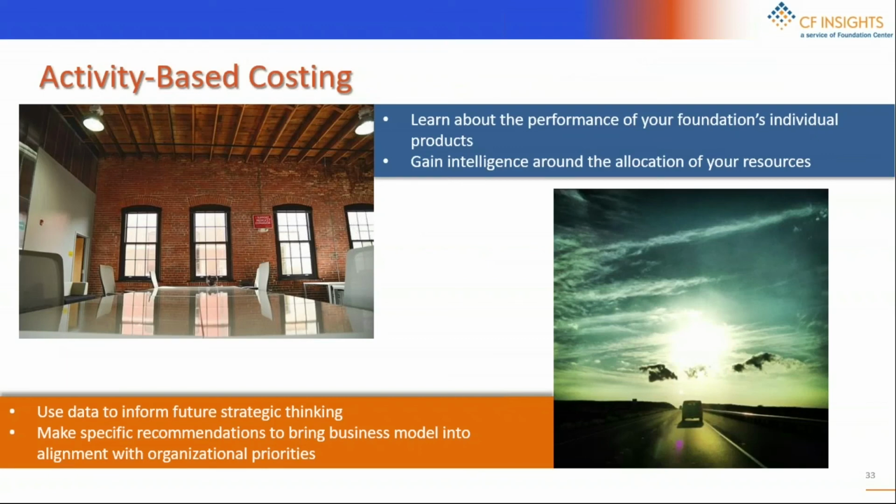Activity-based costing is our most popular one, the one that's utilized the most often. This allows you to determine the true cost of your products and initiatives. So the way this happens is the toolkit allows you to collect all of your financial data, your expense data, revenue data, and also allows you to survey your staff about how they spend their time to determine to which activities and for which products, which fund types, resources are being directed.